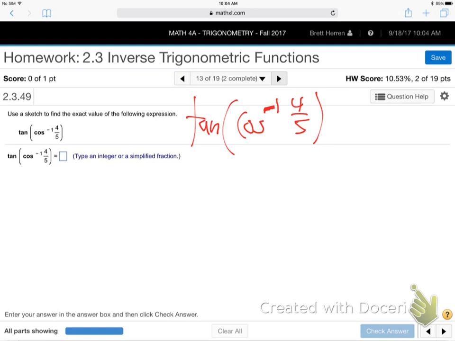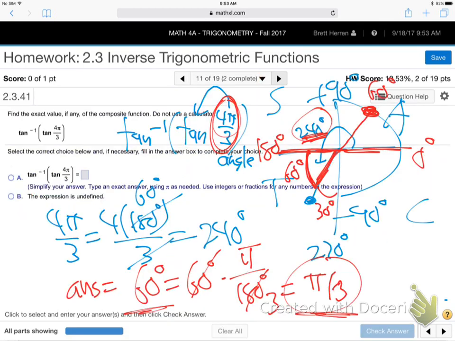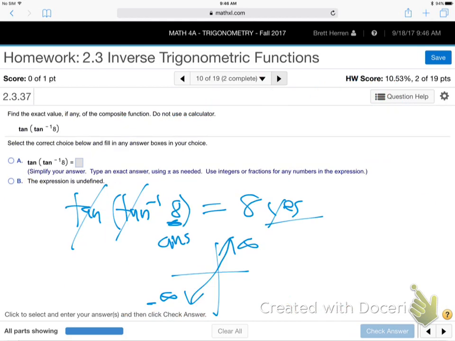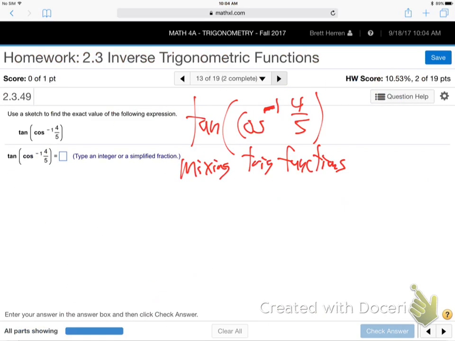They're mixing the trig functions now. Does everybody see that? Look back here. See, this was sine inverse sine. This was tangent inverse tangent. So they were all the same trig function, just the inverse and the regular, up to now. Now it's a total mix.